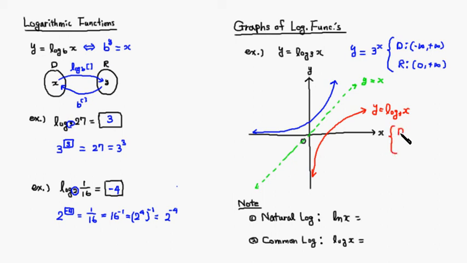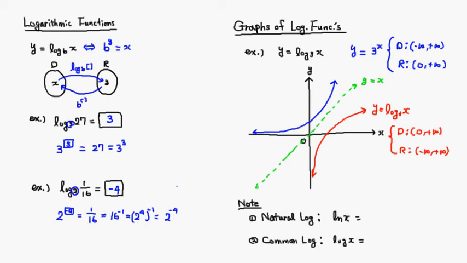So the domain of the log function is all positive real numbers. You can see that from the graph: the graph is only on the right-hand side of the y-axis, which is positive x values. The range is all real numbers, because the domain of its inverse is all real numbers. So you can see that domain and range are switched around since we are talking about an inverse function.